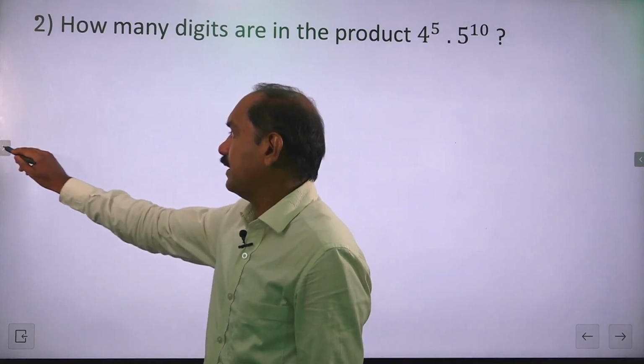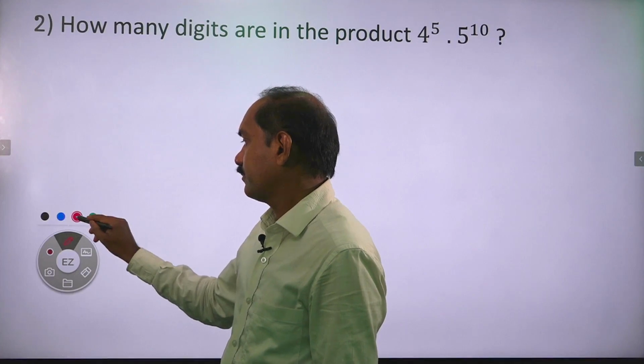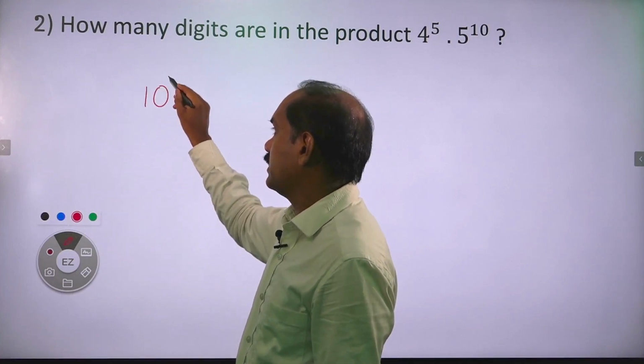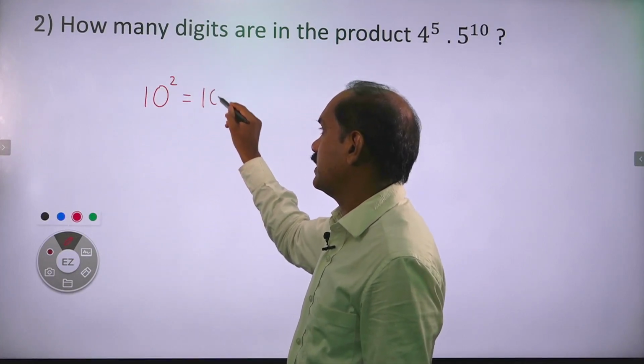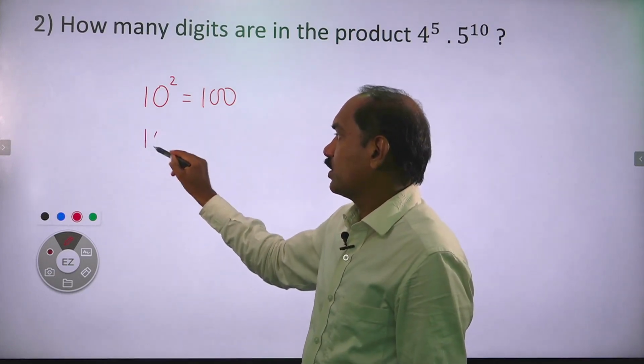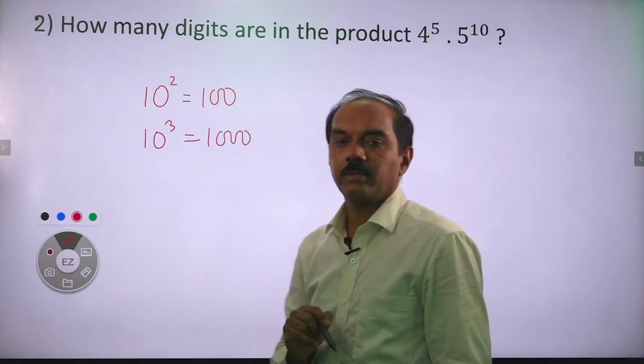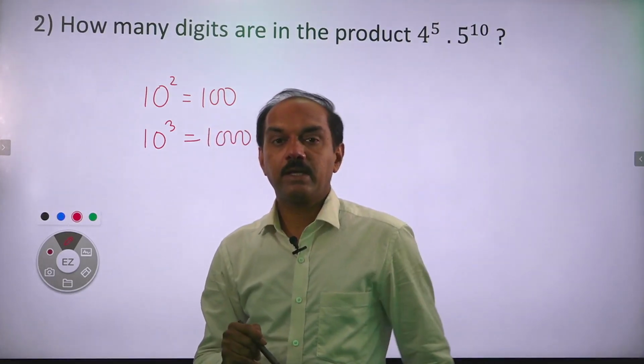If I write 10 square, 10 square is 100, 10 cube, 10 into 10 into 10, 1000. What is the meaning of this?